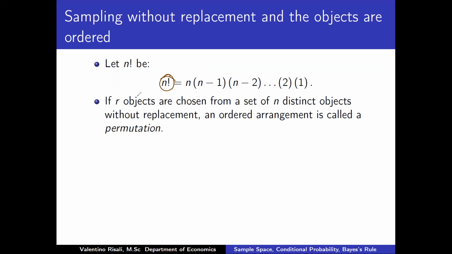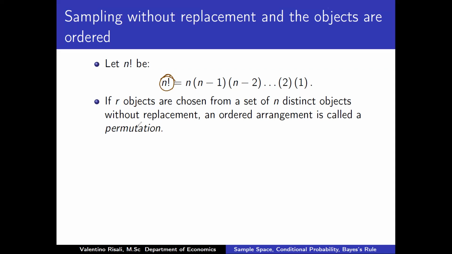If r objects are chosen from a set of n distinct objects without replacement, the ordered arrangement is called a permutation.